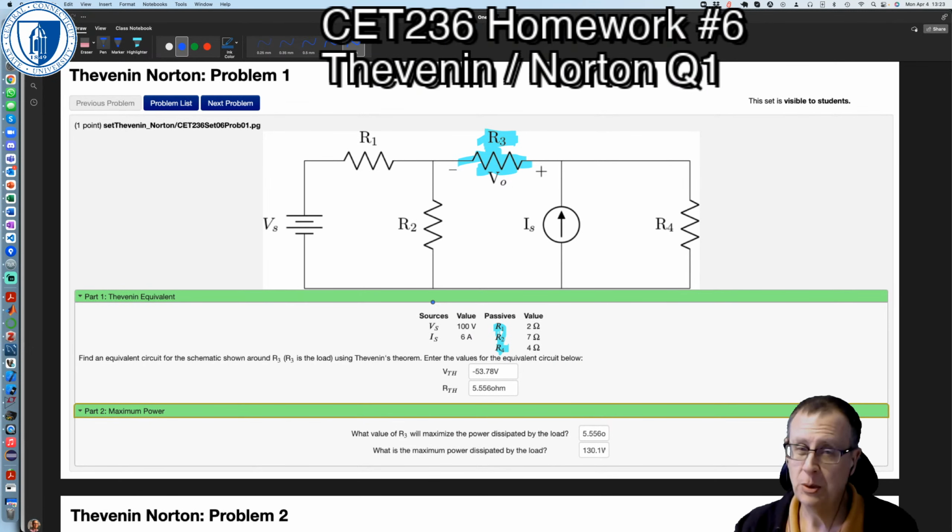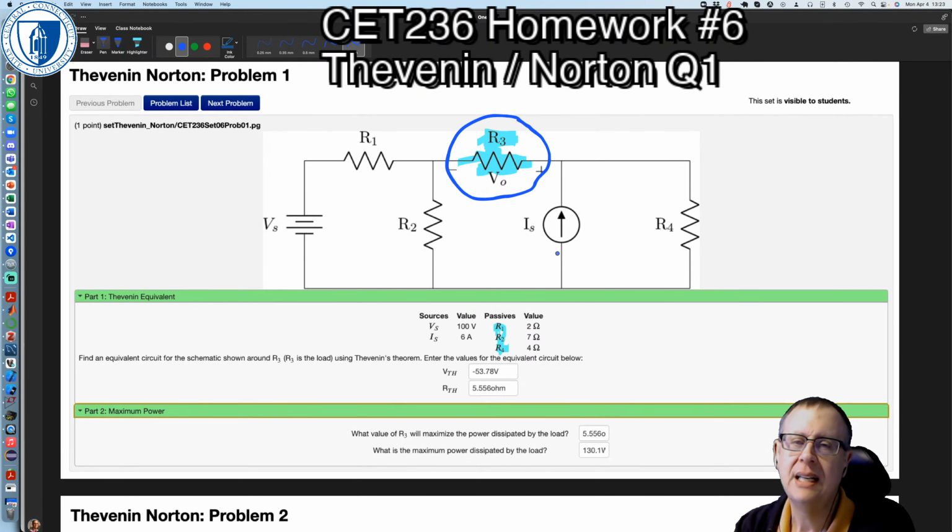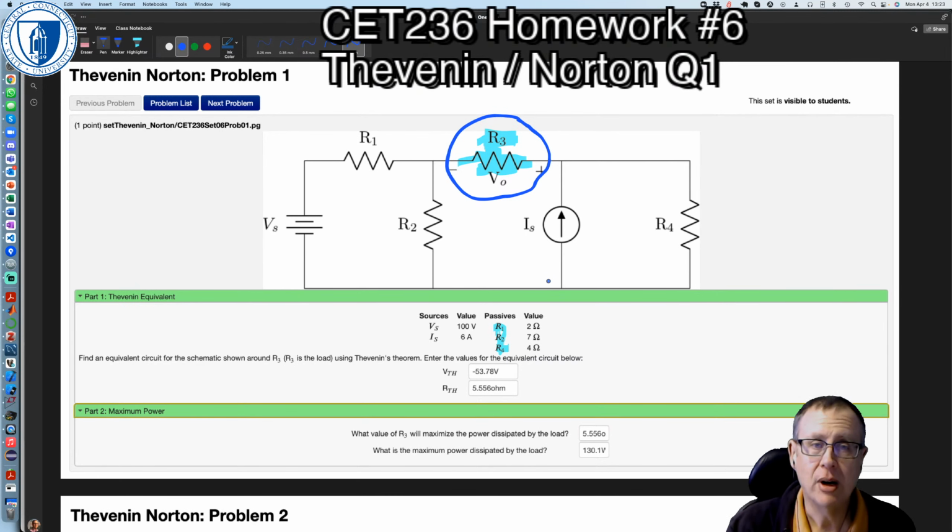So let's see what that does. The equivalent resistance technique says that you remove the load resistor, so remove R3, and then we replace the independent sources, Vs and Is, with their ideals.